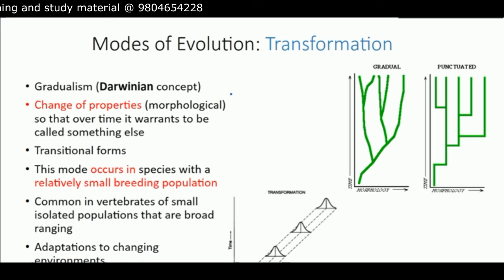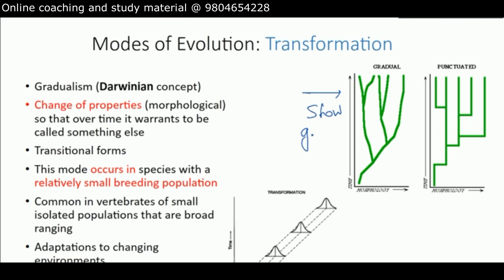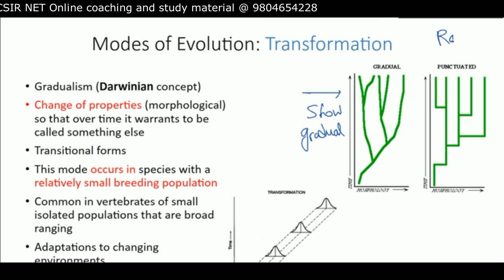We can call it something totally different over the course of time. This transformation can take place in two different manners. Manner number one is very slow but gradual modification, while it may also take place rapidly.